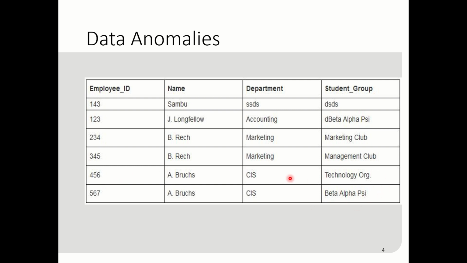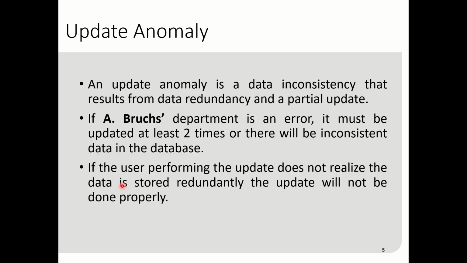There are two different employee IDs, so hoping that these two are two different people, but they are part of the same organization but different student groups. There could be such anomalies, which are confusing as to whether it is the same person or a different person. So such anomalies may occur.